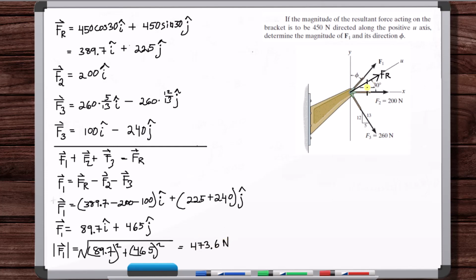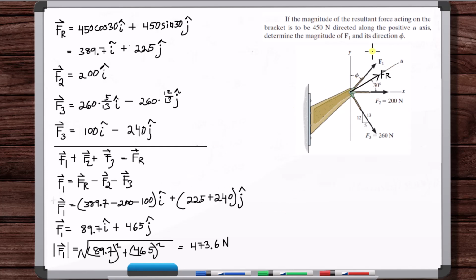So that's the magnitude of F1. I don't know what the magnitude of the resultant of F2 plus F3 is, but if that magnitude is less than 473.6, then F1 will need to pull that around and extend it.